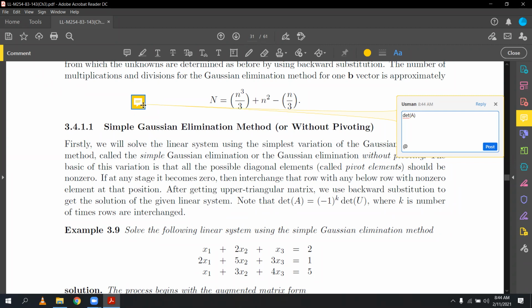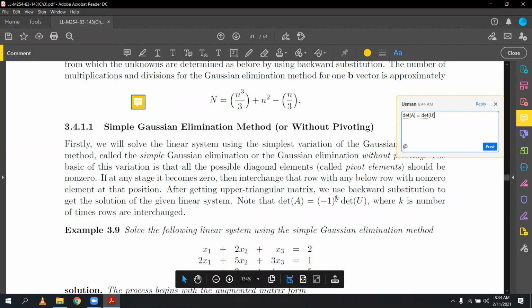Determinant of A is always equal to the determinant of U, because you did not interchange the row, it means K is equal to 0. Minus 1 power 0 is 1, so we have this. But if you interchange one time, K equals 1, then you have determinant of A equal to minus determinant of U. If you interchange 2 times, then you have determinant of A equal to minus 1 power 2 times determinant of U, like this one here. You understand my procedure, please?